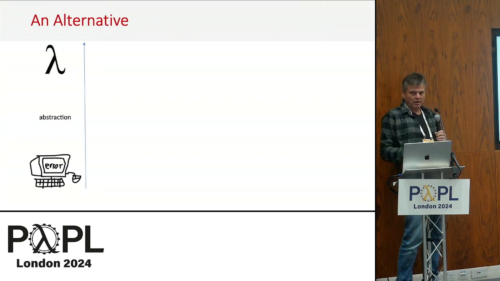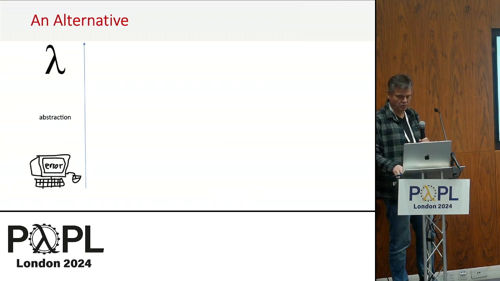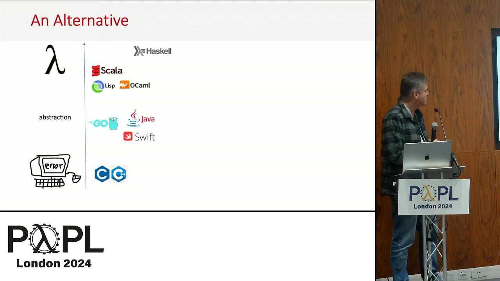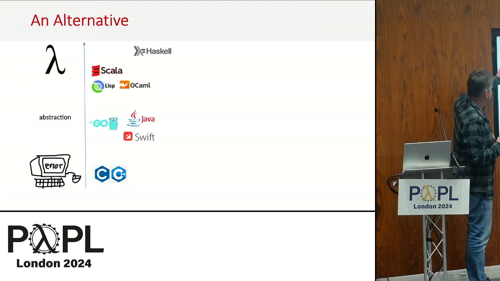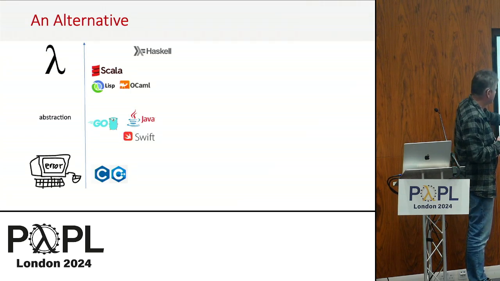So the alternative would be to look at it from a different point of view and have a new approach to effects. What we see here is essentially a tension between what our model, lambda calculus, does, which is pure and abstract, and what actual computers do.